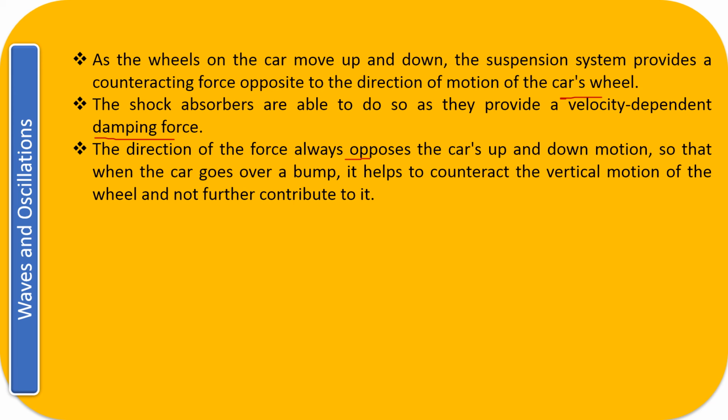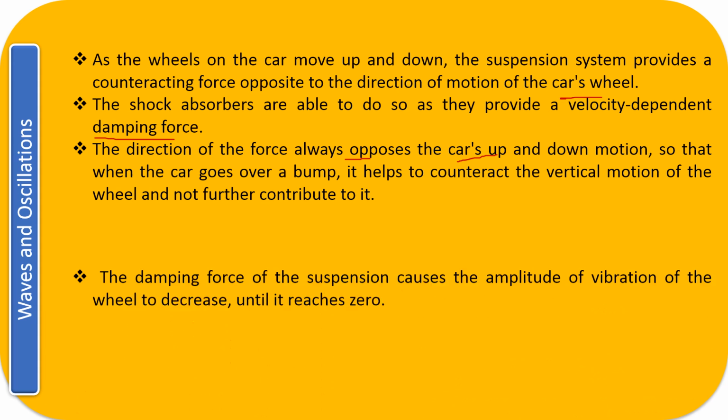The direction of the force always opposes the car's up and down motion, so that when the car goes over the bump, it helps to contract the vertical motion of the wheel and not further contribute to it.